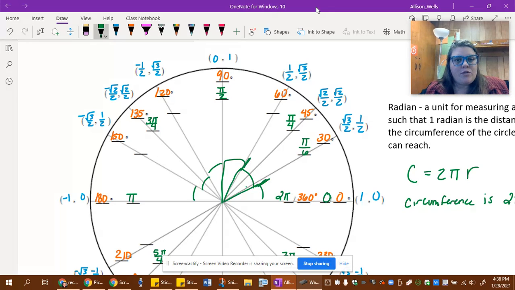This one would be 2. 2 over 6 is 1/3. Then this would be 3, but we already have that labeled. 4 out of 6 reduces to 2 out of 3. 5 out of 6. 6 out of 6 is 1. Then we go on the other side, marking all those 30-degree marks. This would be 7/6.